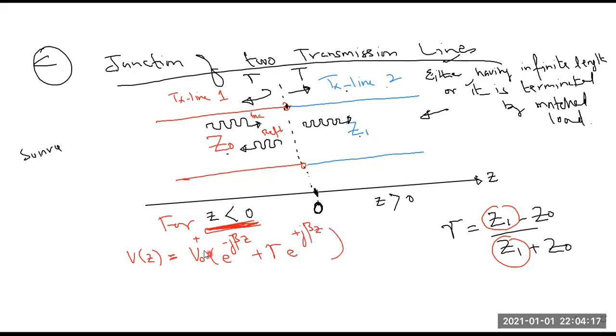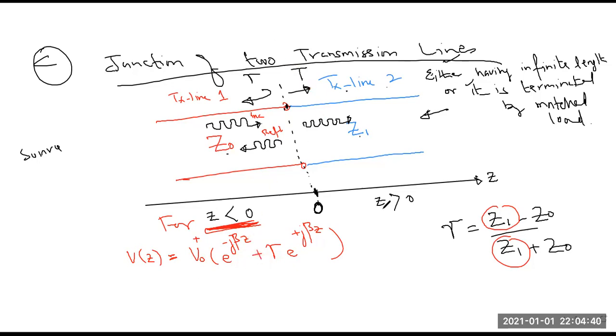You can clearly see this is the mathematical representation of the incident wave, and this part is the mathematical representation of the reflected wave. So for the z less than 0 region, we have the total voltage represented like this.